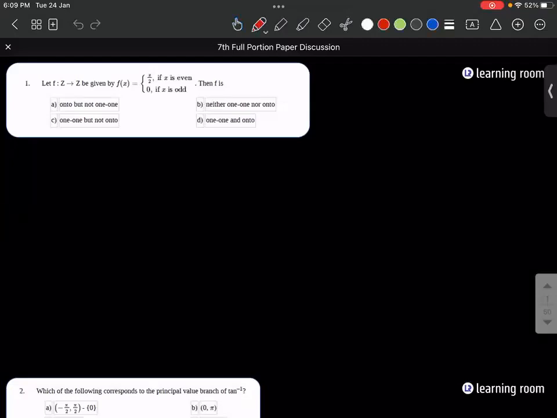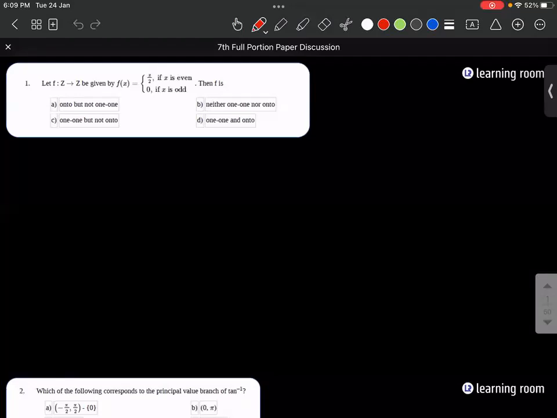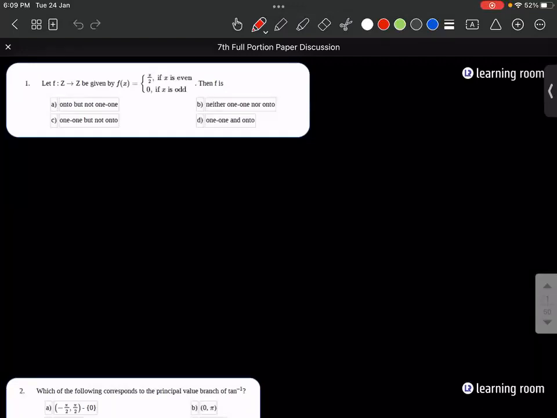What is the answer for the first one? If there is a function f mapping from Z to Z, f of x is equal to x by 2 if x is even and equal to 0 if x is odd, then what kind of function is this?